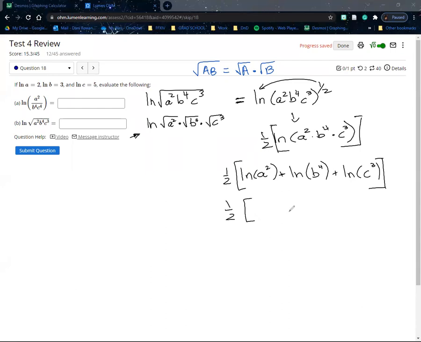What can we do with those exponents on the A, B's, and C's? What do we do with the 1/2?